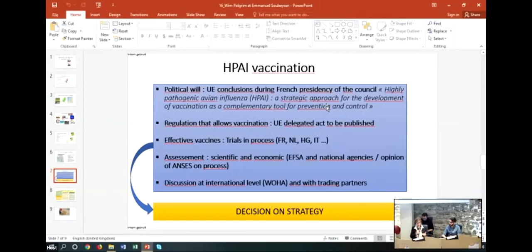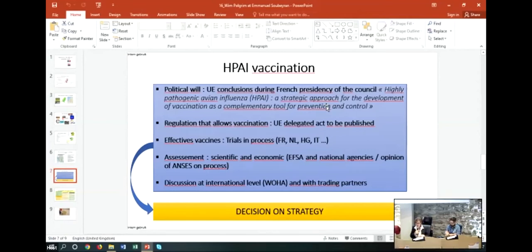It is also, of course, necessary to have effective, available and affordable vaccines. And to this end, several countries in the EU are conducting experiments, like France, the Netherlands, and also other countries like Hungary and Italy.